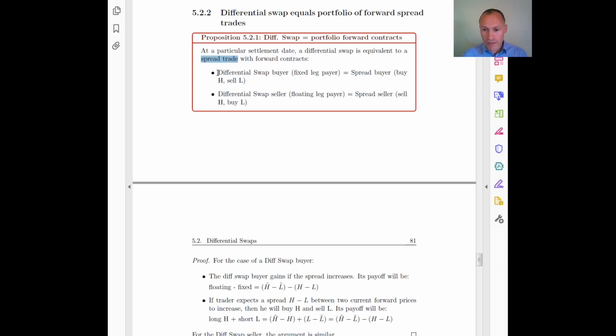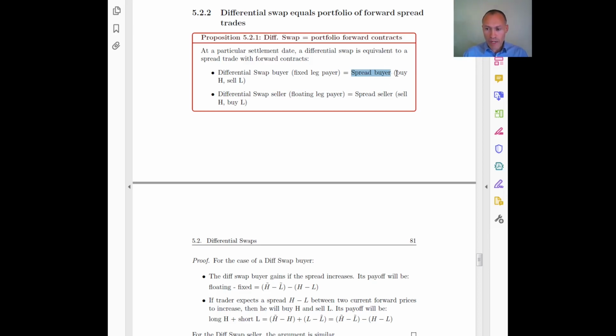So the result is the following. If I am a differential swap buyer, like firm ABC in the previous example, the cash flows we have are the same as if we are the spread buyer, recall what we did when we talked about spread trading in futures.